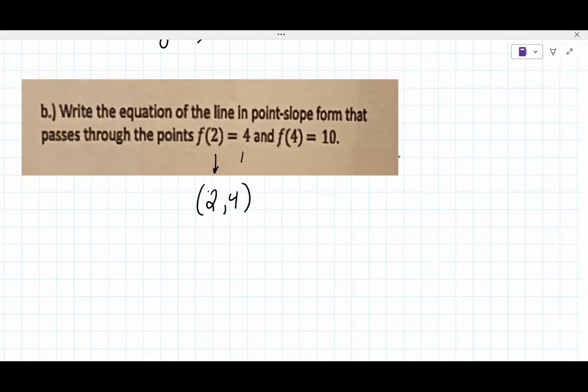You can see where those values come from. First number is x, the second number is y. What is the second ordered pair? The second ordered pair is 4 and 10. I'd like you to find the slope between these 2 points, please.